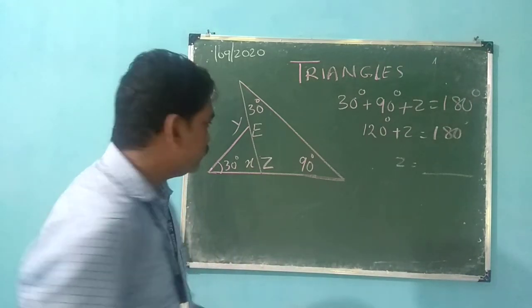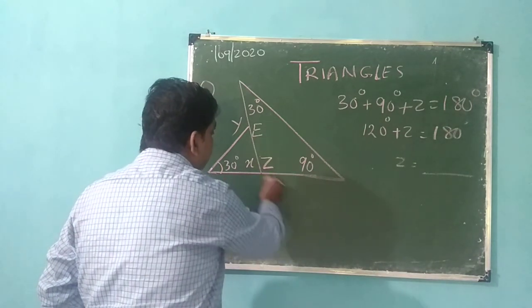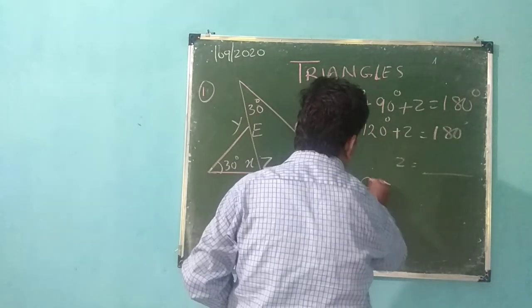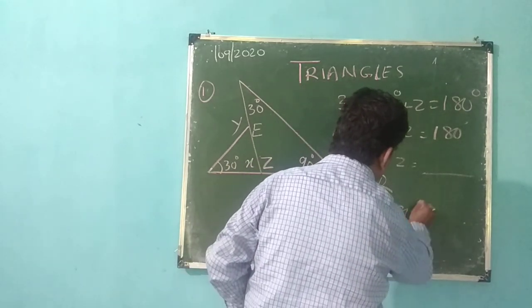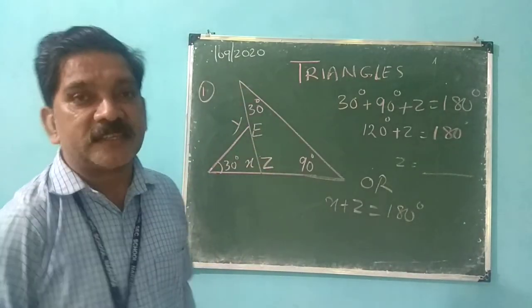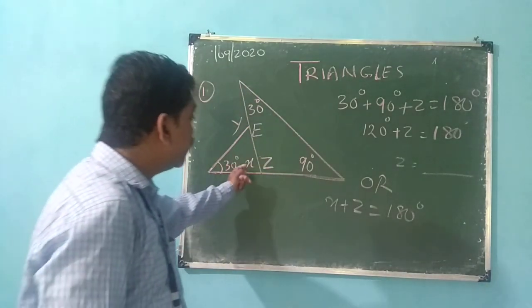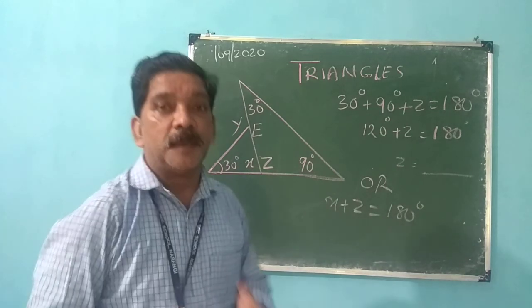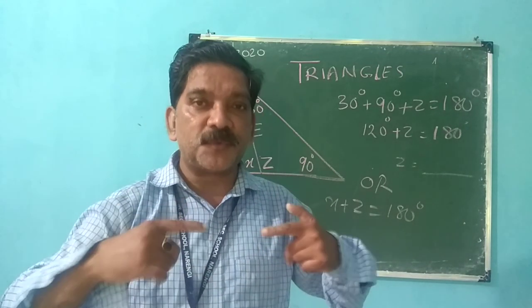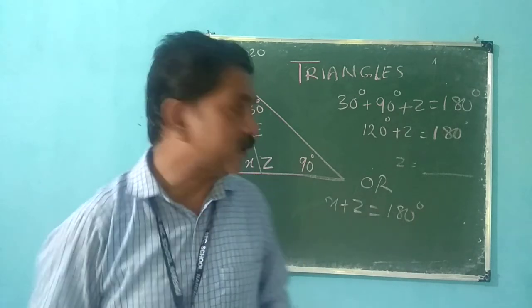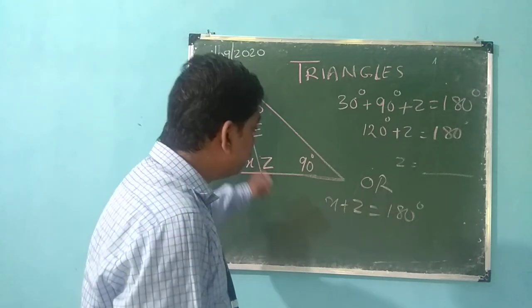The other method is x plus z is equal to 180 degree. Why? Because it forms a linear pair. And we know that in a linear pair the sum of two angles is equal to 180 degree. So therefore in this case we get the same answer.